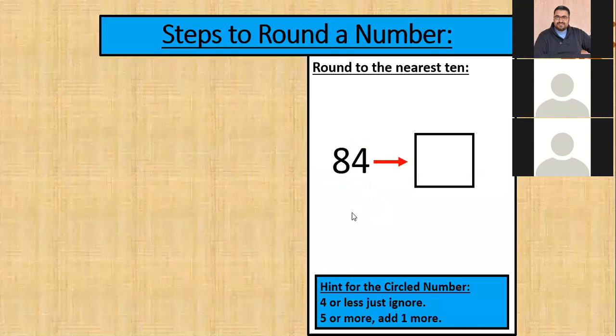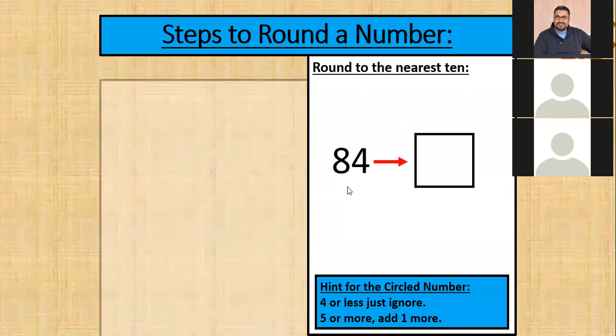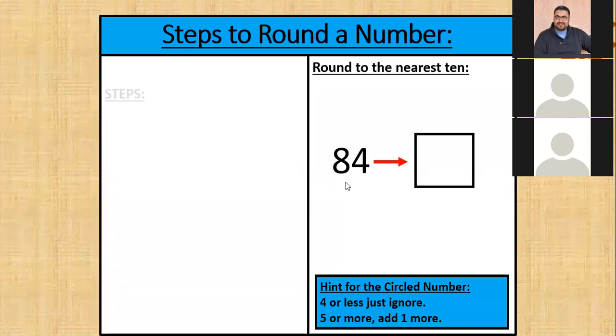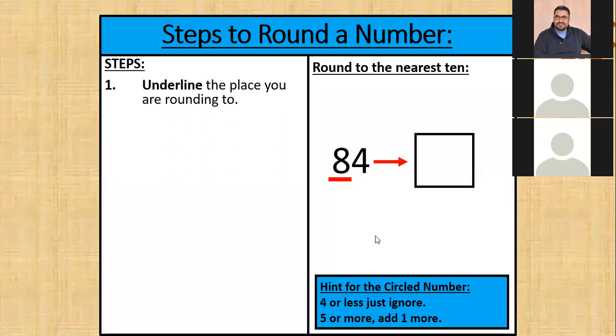Another example. Round to the nearest 10 the same way. We will make a line under 8 and make a circle around 4. And we will stop to check. Is 4 a rich number or a poor number?